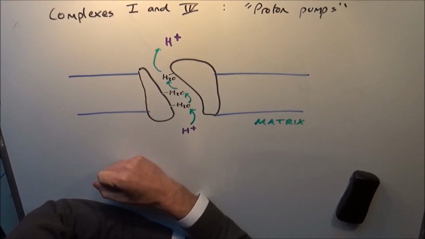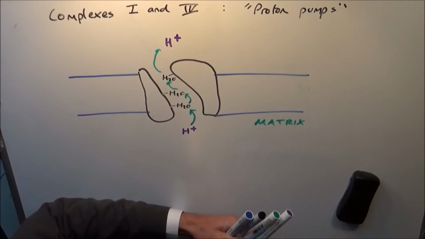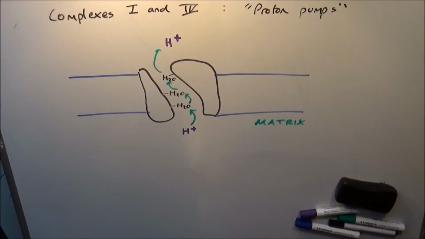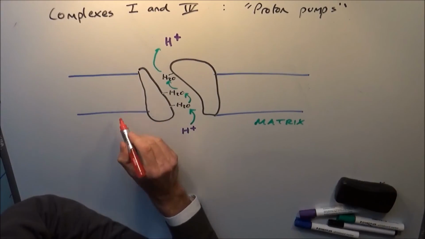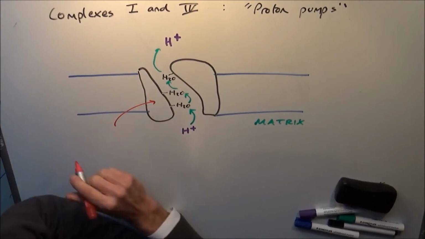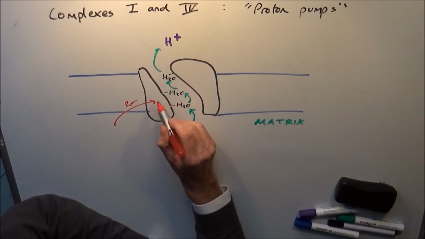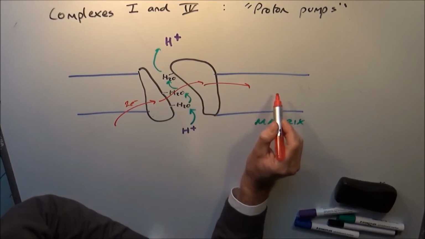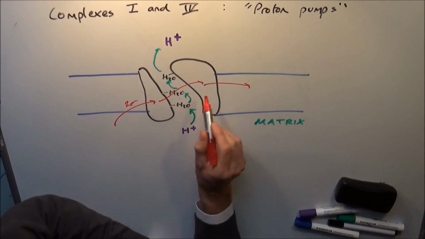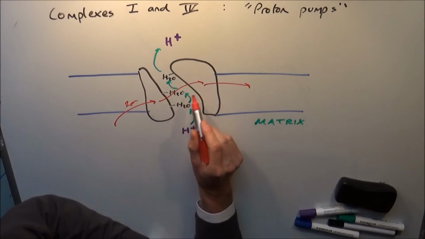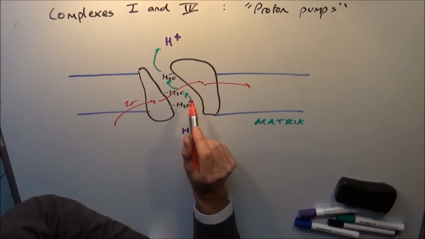Now, how is this associated with electron transport? Well, you've got your electrons coming into, let's say this is complex 1, so the 2 electrons are coming off NADH, and they're going through the system and off to the Q. As the electrons go through the protein complex, they cause it to change shape.